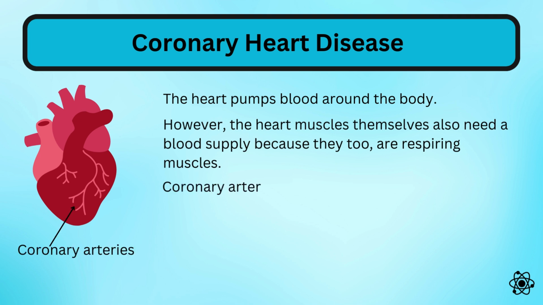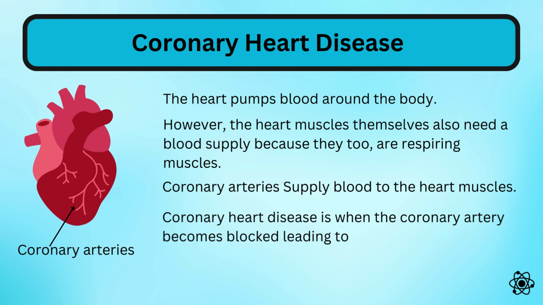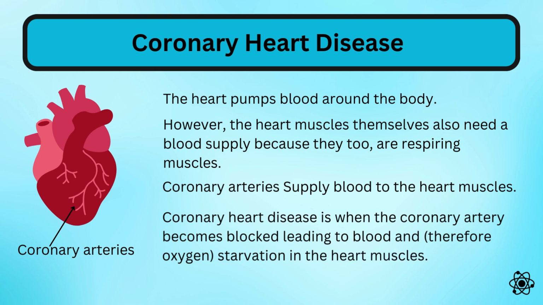Coronary arteries supply blood to the heart muscles in order for them to respire and perform their function. Coronary heart disease is when the coronary artery becomes blocked, leading to blood and therefore oxygen starvation in the heart muscles. This leads to a heart attack.